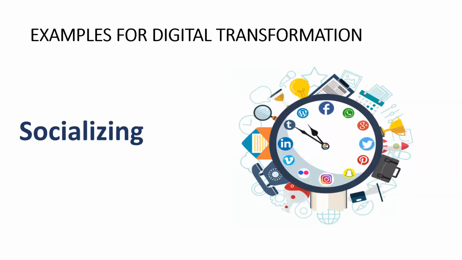Then socializing: Facebook, WhatsApp, Snapchat, Instagram, a lot of social media elements are available in the world. Socializing is also now fully digitalized. Please watch a movie called The Social Dilemma. Then you will definitely get rid of these useless social media platforms. Those things are useless.